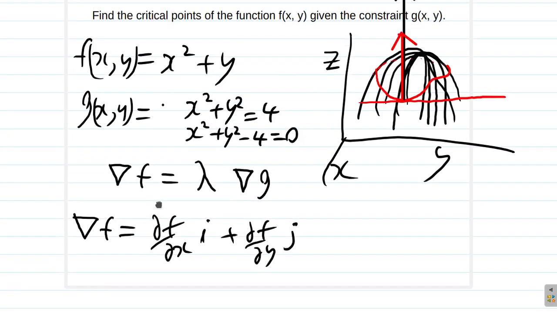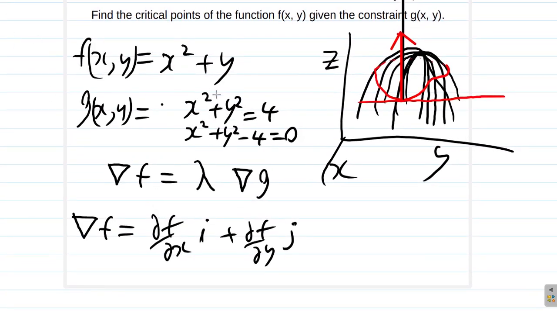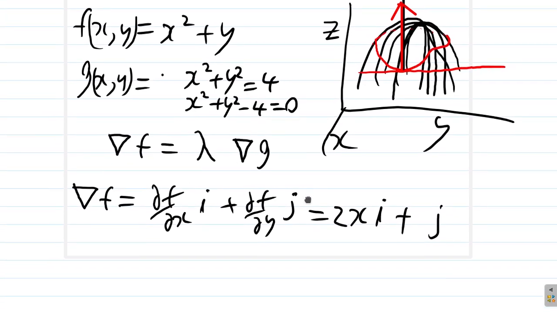Alright, so what is delta f by delta x? From looking at it, if you differentiate this with respect to x, you get 2x, and that's in the I direction plus, and if you differentiate f of x y with respect to y, you get 1. So it's 1j. Or you could just write j. You don't really need the 1 anymore. You see that?